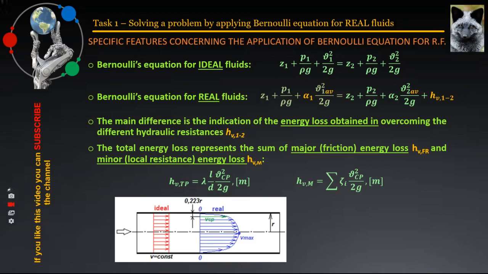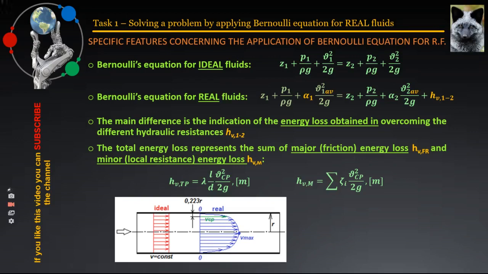In such a case, for the correct presentation of the kinetic energy of the flow, which is one of the members of the Bernoulli equation, the average velocity has to be used. There are various ways and methods of determining average velocity, some of which will be covered in separate video tutorials.